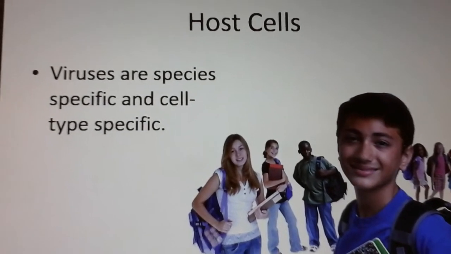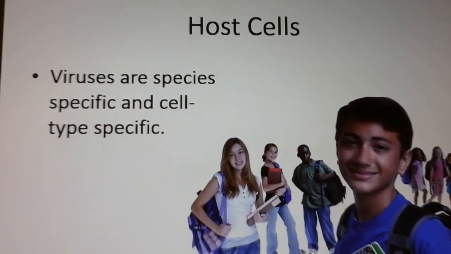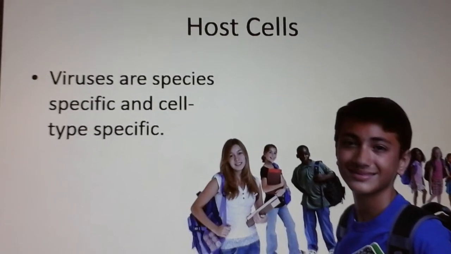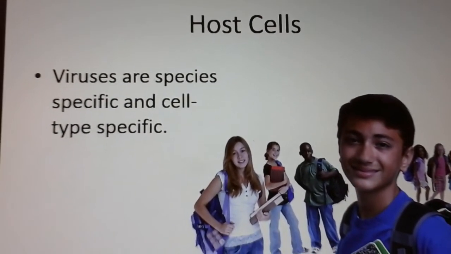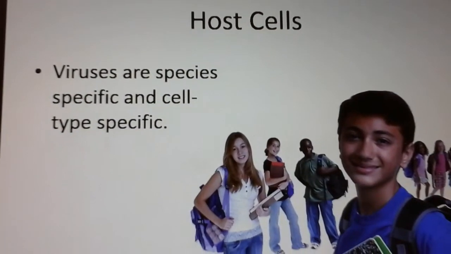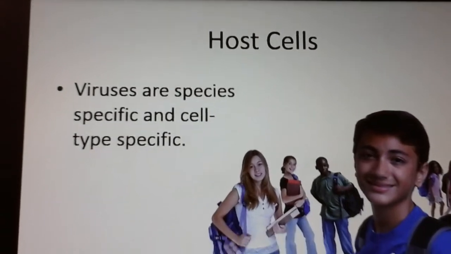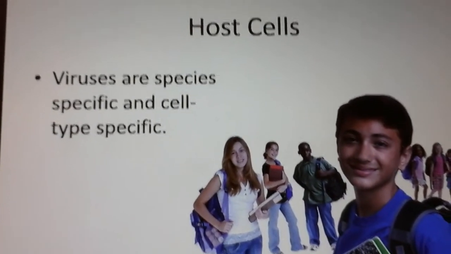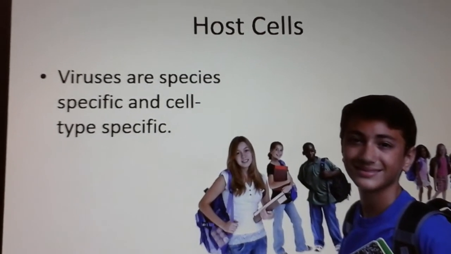So there are some viruses out there. For example, you guys have probably heard of the swine flu. The swine flu used to only infect pigs because pigs have some proteins that we don't have. So if I gave you the swine flu virus, you wouldn't get sick because we had no cells that it could stick to. Or what's called the tobacco mosaic virus. The tobacco mosaic virus gets its name because it only infects tobacco plants.